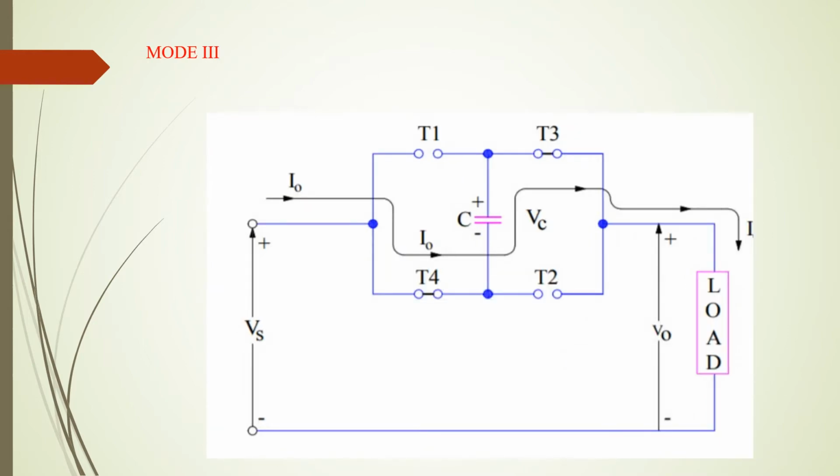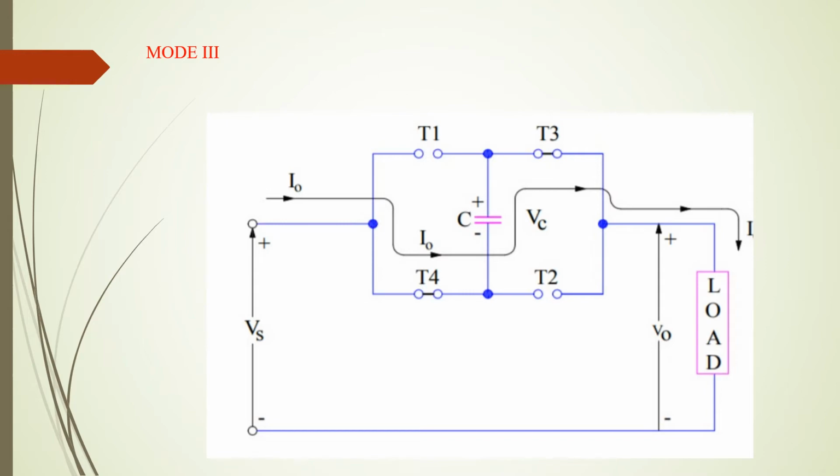In mode 3, we observe here that the capacitor now has a positive polarity at the upper plate. Now at this instant we turn on thyristors T3 and T4.